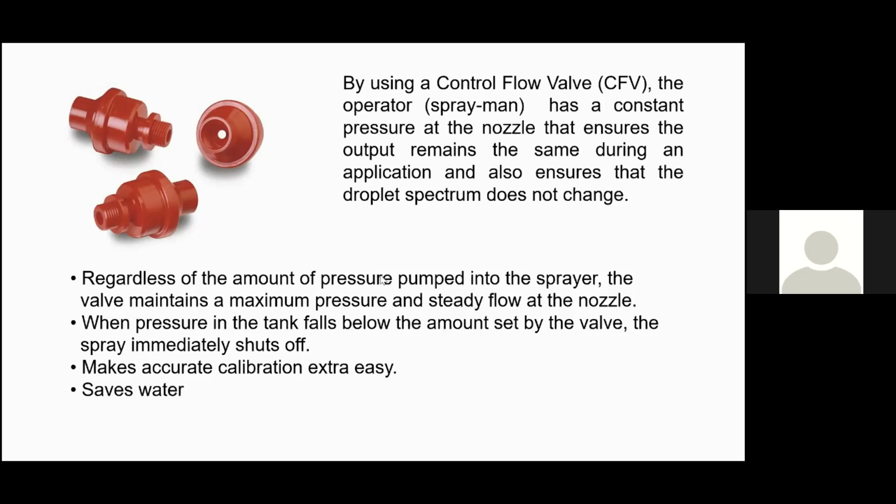So as soon as the pressure in the tank goes down, the valve automatically shuts off the output from the nozzle, and this helps us in accurate application of dosage, and also it saves water.